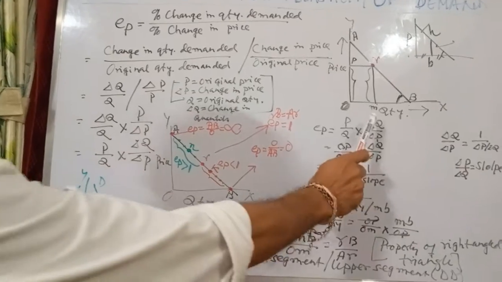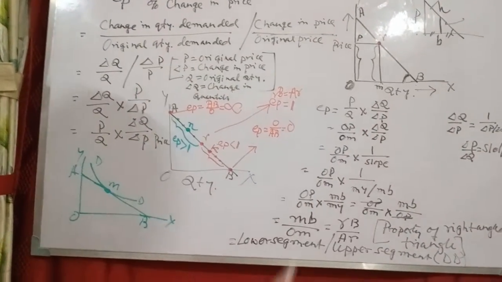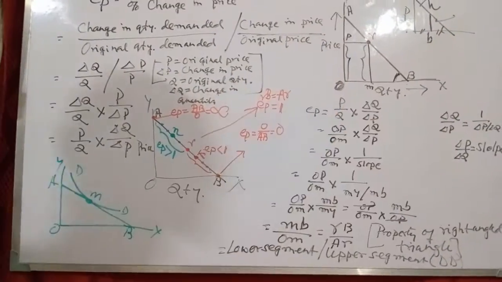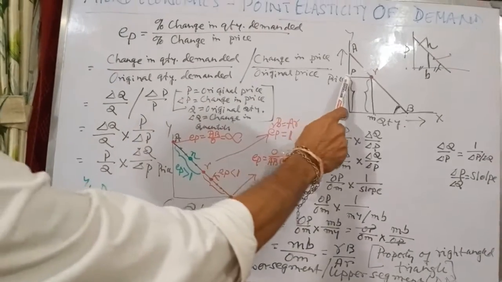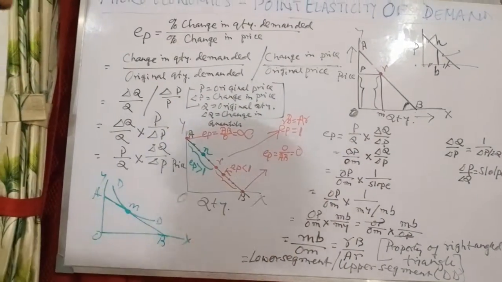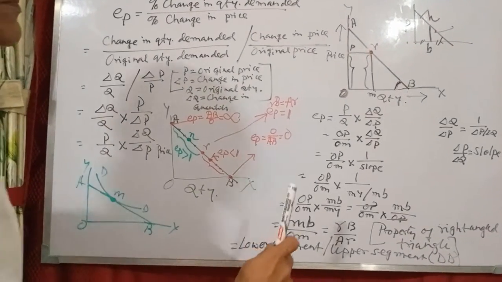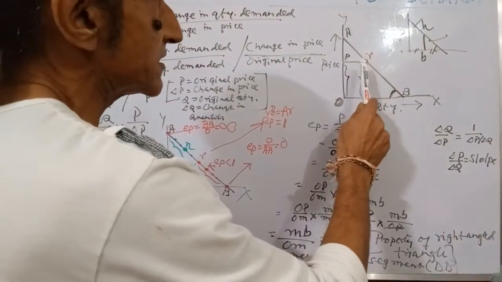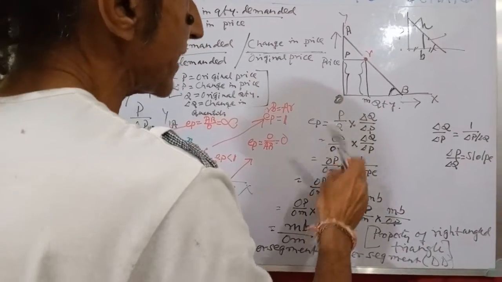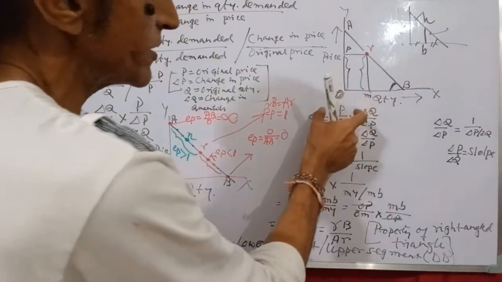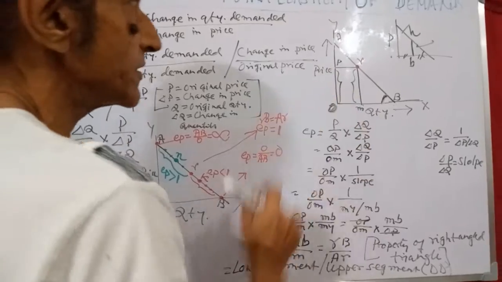Now consider this figure. Here AB is the demand curve, P is the price, that is OP is the price. So we have to measure the elasticity at point R, that is at price OP the consumer is consuming OM units of the commodity.